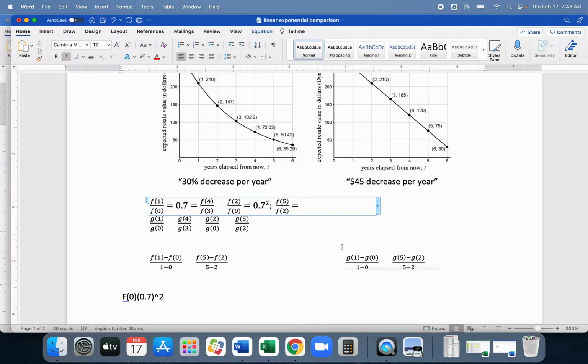Absolutely, because that's 3 units later. So if I were to write out f of 5, I could write out f of 0 times 0.7, 0.7, 0.7, 5 times, and f of 2 in the denominator would be that starting value, f of 0 times 0.7 times 0.7. A lot of those 0.7s cancel out, definitely the f of 0s cancel out. The top has 3 more factors of 0.7 in it, of 70%, than the denominator does.